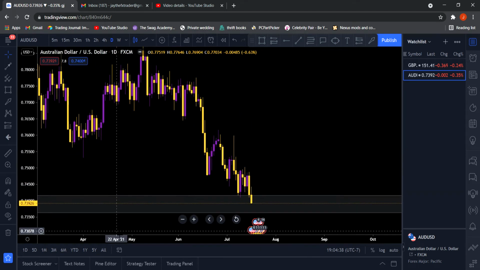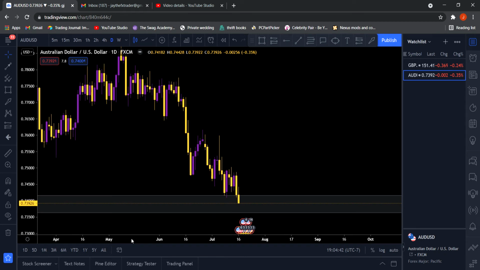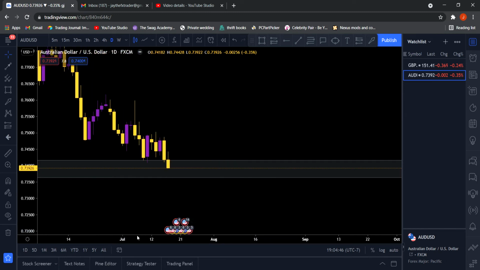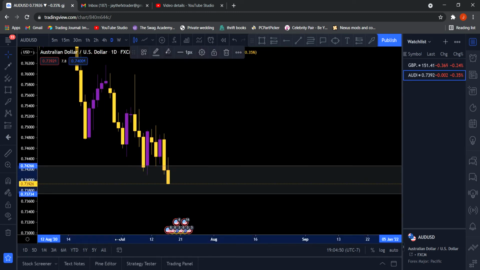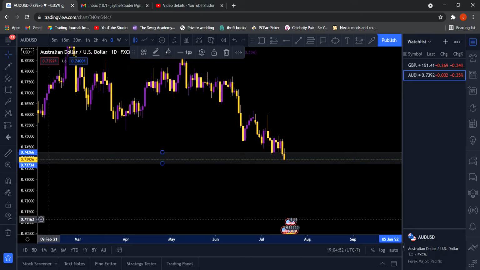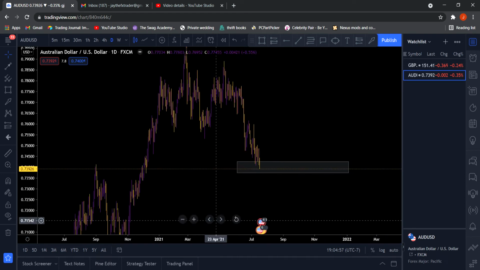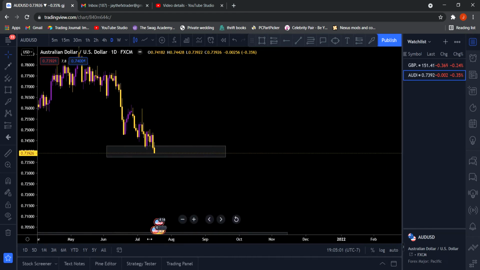Alright, so you can see on the daily, still just like the weekly in the downtrend. And I might use this level right here. Move this in.